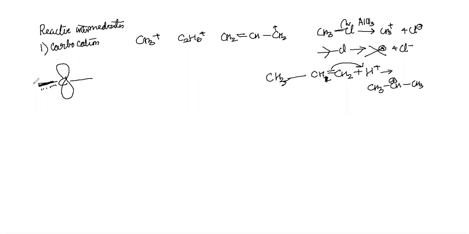So this is R1, R2, R3. If you rotate it, it will look like this. The empty orbital is perpendicular to the plane of the bonds. R1, R2, R3. So trigonal planar.